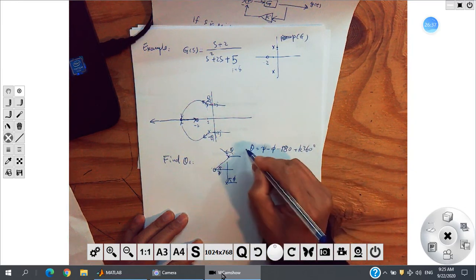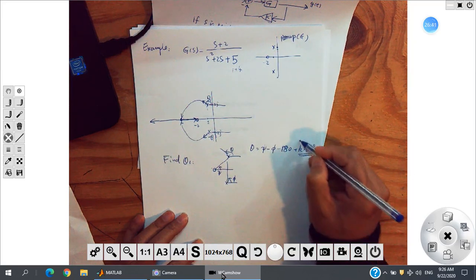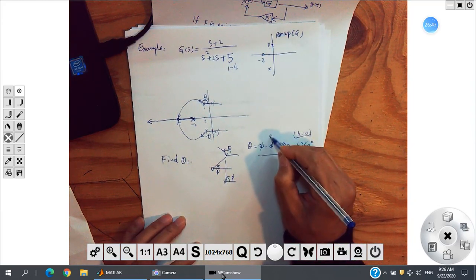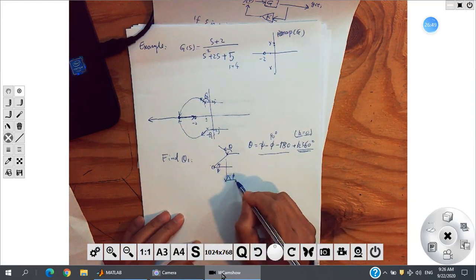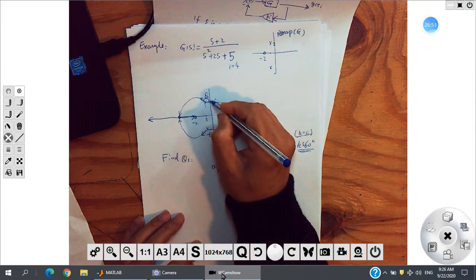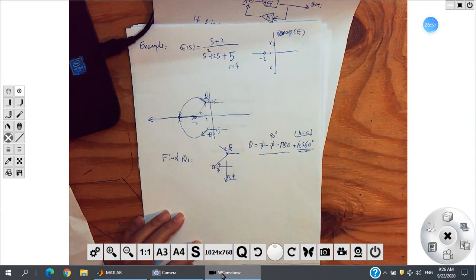And here q is 1, so I only need k equal to 0, right? So it is just this one. Phi is 90 degrees, and this is psi, here's 2, here's 1.